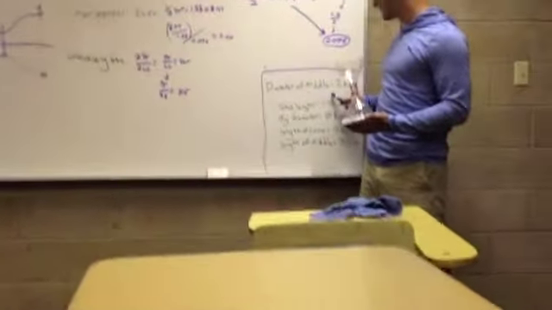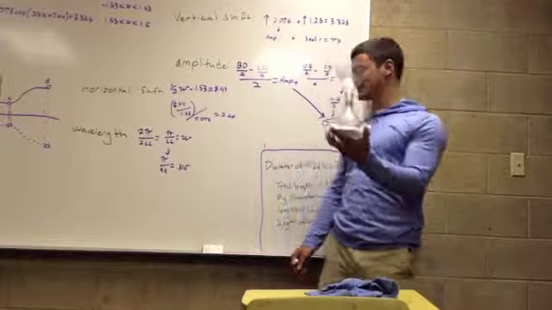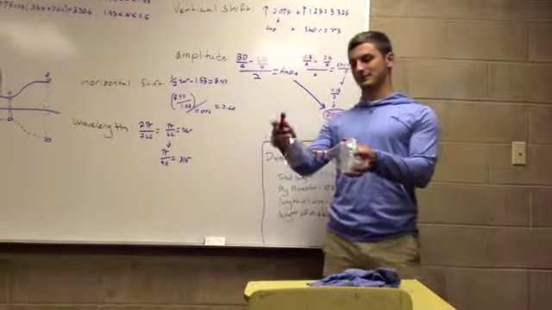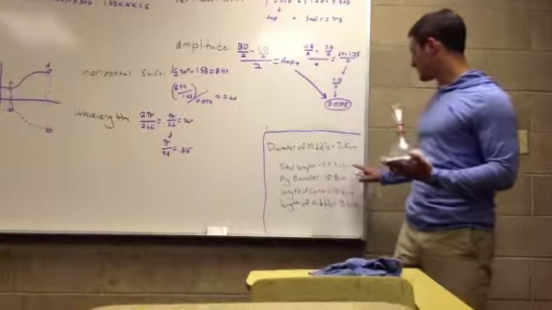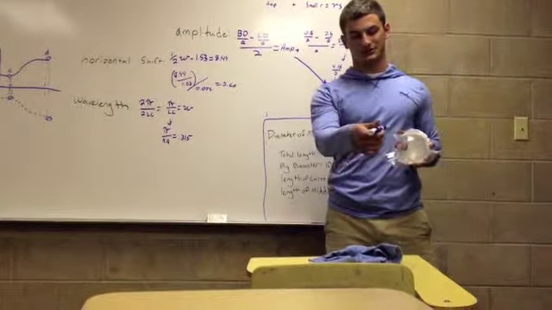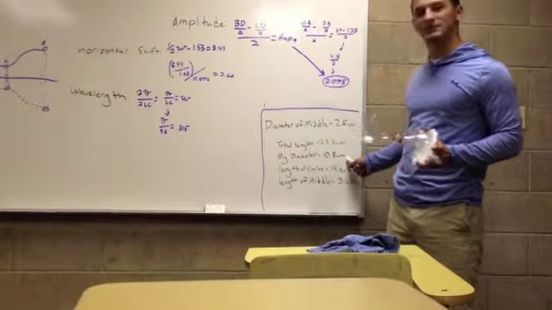The diameter of the middle, which is the little part in between the two nozzles of the bottles, is 2.5. The total length from end to end is 23.3 centimeters. The big diameter, from here to here, is 10.8 centimeters.